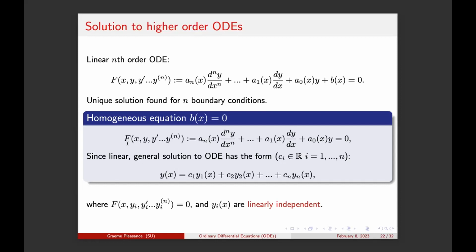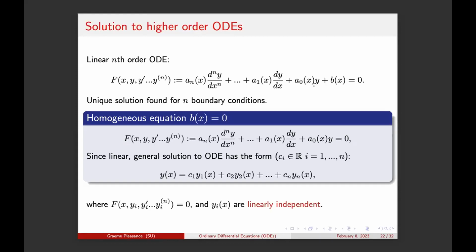Then I'll apply this to an example in physics, and we'll again use Python to examine the solutions that we obtain for this example, similar to what I did in this morning's lecture with some examples of linear first order ODEs.